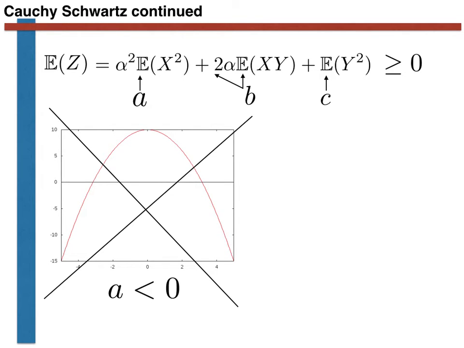We know that the graph of a quadratic equation looks like this when the a parameter is less than 0. We thus know in this case that the expectation of x squared must be greater than 0. This is not surprising though, as x is a real valued random variable, and as such x squared must always be a positive valued random number.